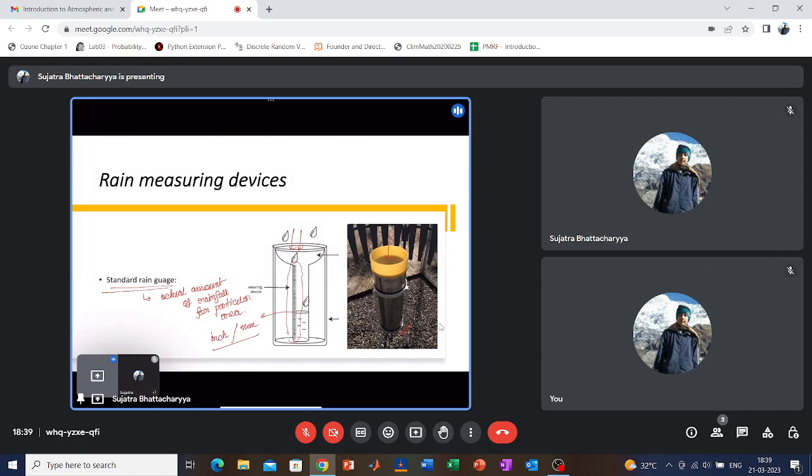The area is also fixed, so we can see the volume of the rainfall, or generally it is measured using millimeters of rainfall or inches. Now the diameter of this rain gauge opening is fixed. Generally an 8-inch diameter is used.